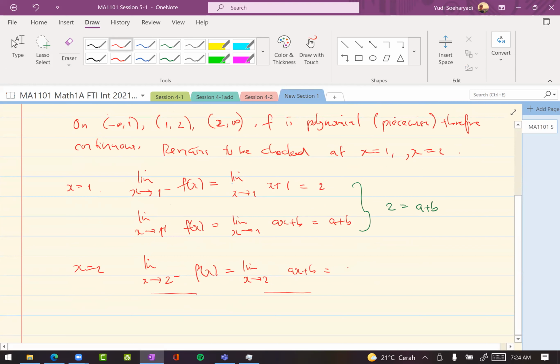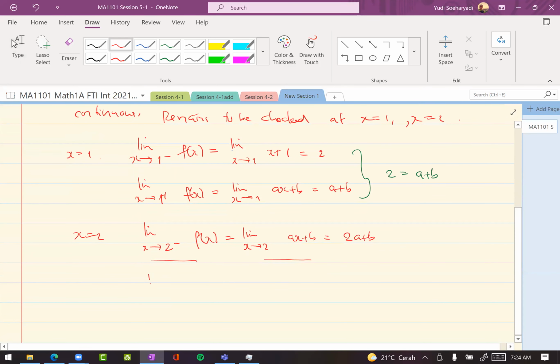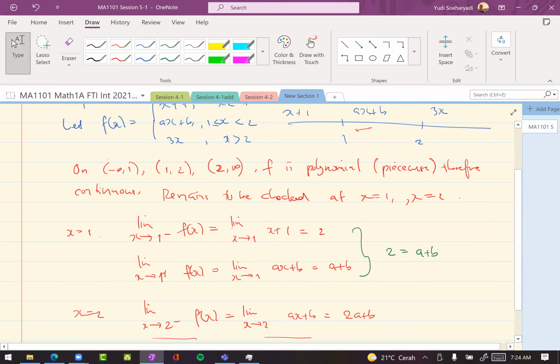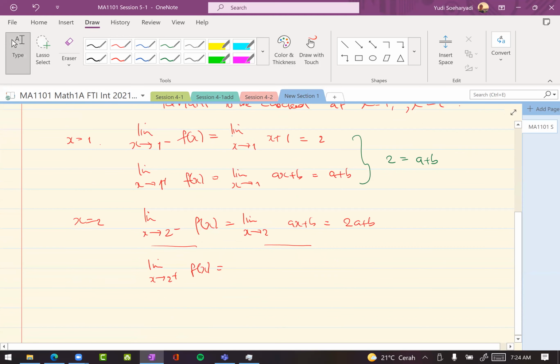So this is 2a plus b. And the right limit: to the right of 2, you use this function 3x, equals 6. And from the continuity conditions, compatibility conditions, you've got to have 2a plus b equals 6.